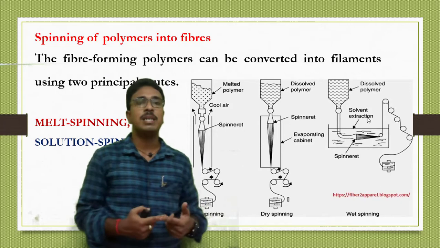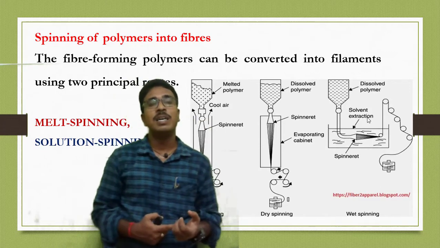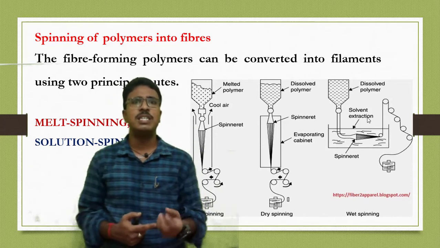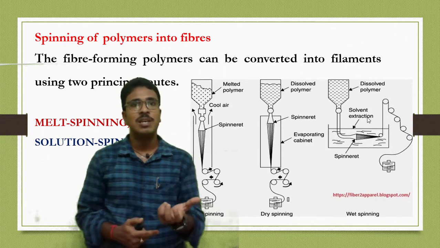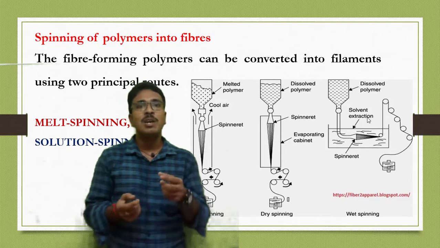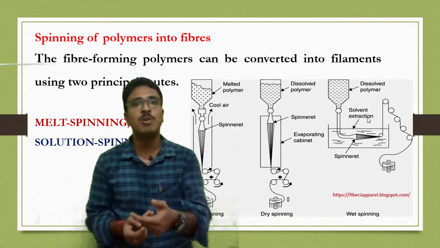Because the filaments coming out of the spinneret, in case of melt spinning, are in a molten state. Understand? It is in its molten state. Now, if you start winding onto a bobbin immediately, what will happen? One filament will stick to another filament, or the filament will stick to the bobbin surface.